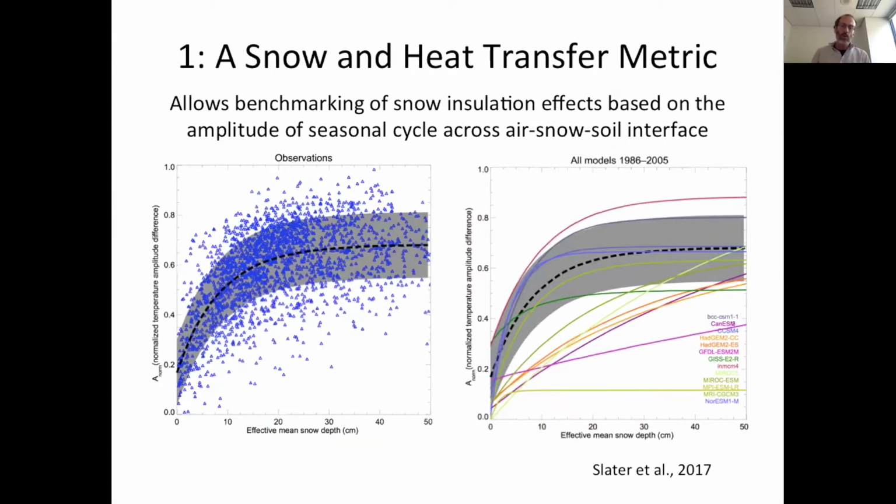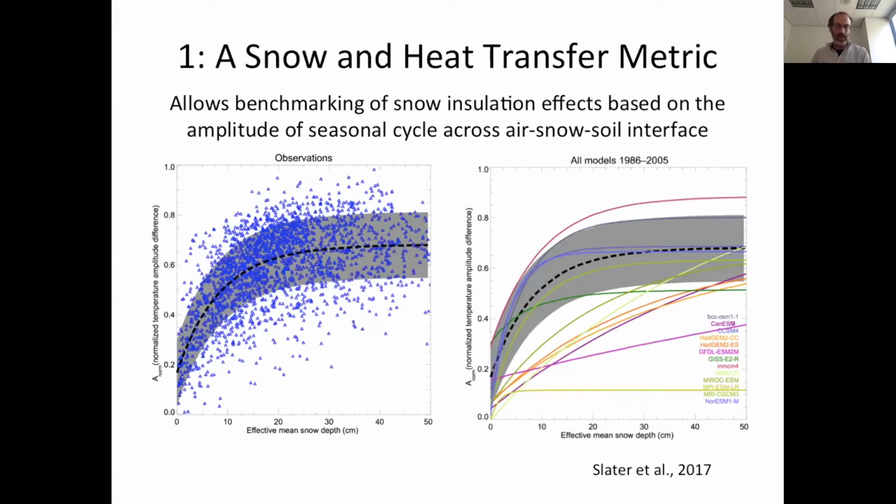So we've got observations of this: you go to the met stations, here the Russian met stations across Siberia, and look at the amplitude of the air surface temperature and then the amplitude of the near surface soil, and define this metric based on the effective snow mean depth and the fraction by which that seasonal cycle amplitude gets attenuated by the snow. So that's on the left hand side, the observations.